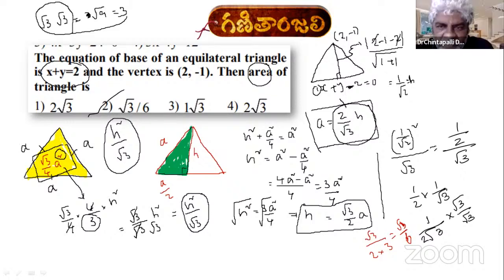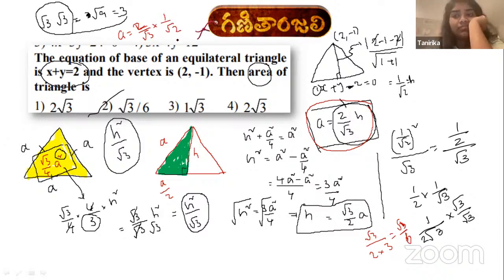There is a formula to find a: a equals 2 over root 3 times h. h means 1 over root 2. So it is actually 2 by root 6, right?